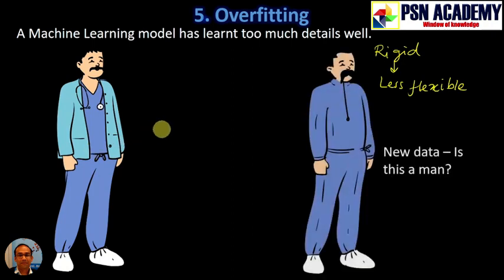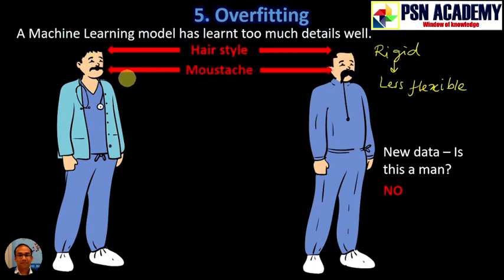Now this is new data and you ask the model whether this figure is a man or not. Your model says no. Why? Because you see the hairstyle. Your model knows that the hairstyle should be looking like this, but the hairstyle has changed, right? See the mustache. Mustache must be like this, but you have changed the mustache. Here, the stethoscope is missing. The jacket is missing.